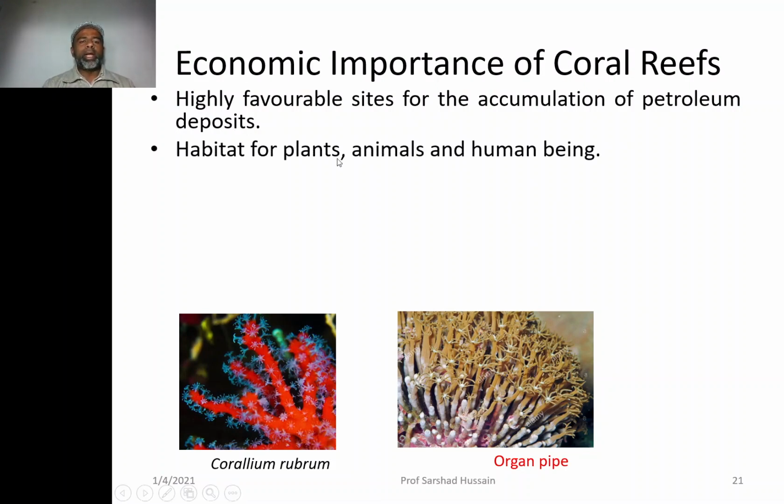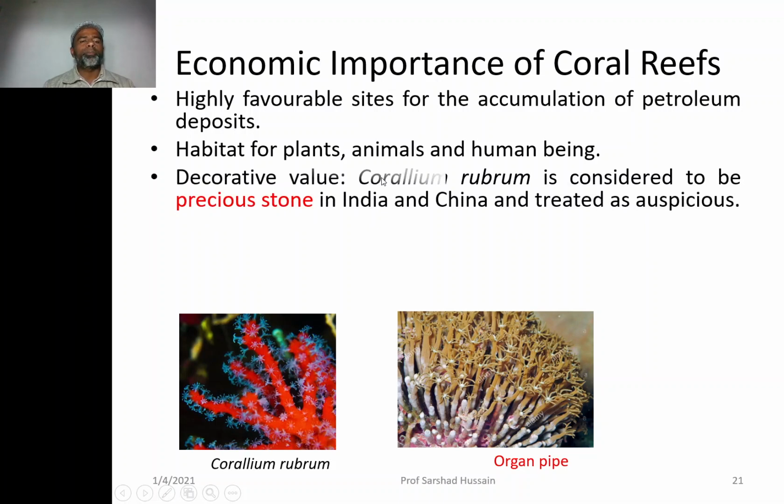Coral reefs are habitats of plants and animals and human beings as well, because human beings too have inhabited many islands formed by coral reefs, and once the reefs are there, so many plants and so many animals are there, so they provide habitat to them also.